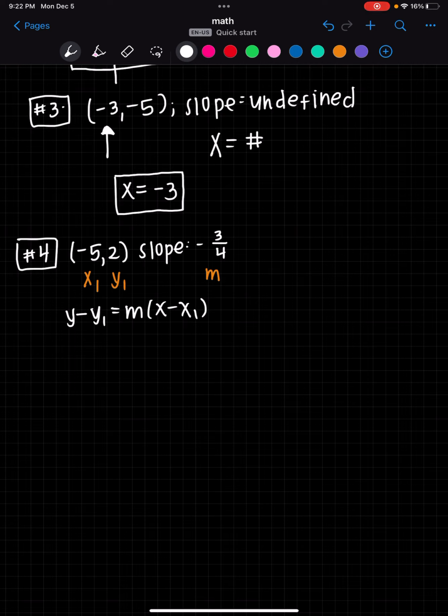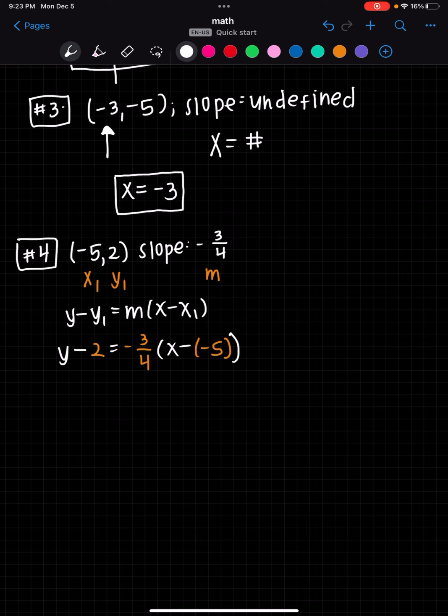And I'm going to replace the y1, the m, and the x1 with what I know they are for this question. So it's going to be y minus my y1, which is 2, equals my m, which is -3/4, and then x minus my x1, which is -5. So I'm going to put that -5 in parentheses.